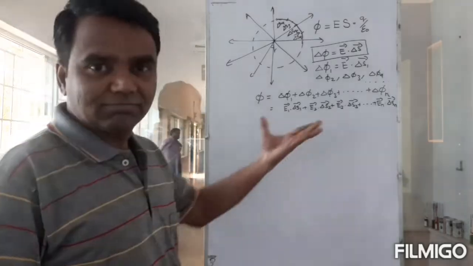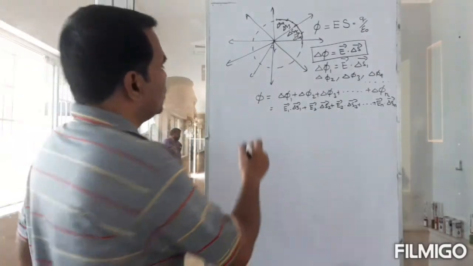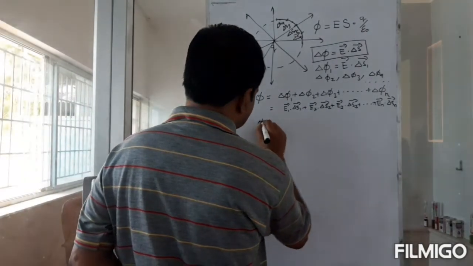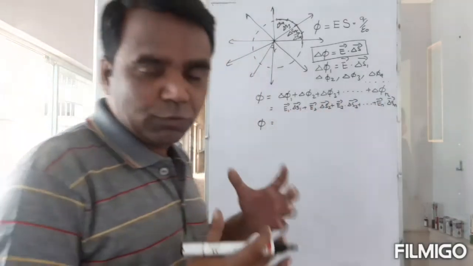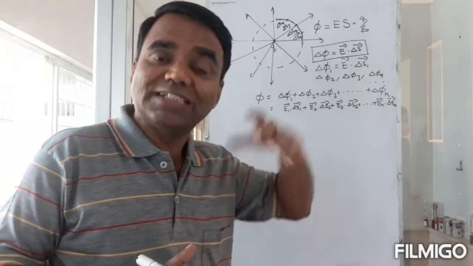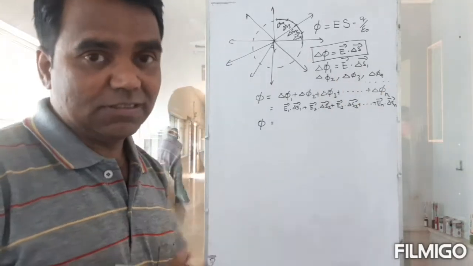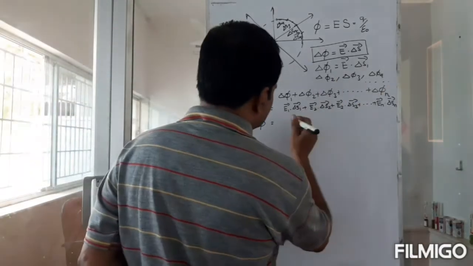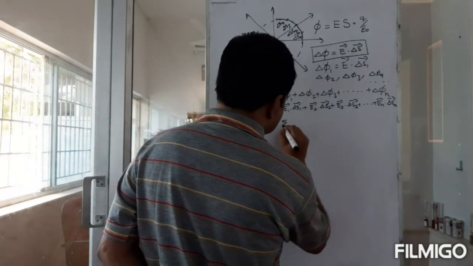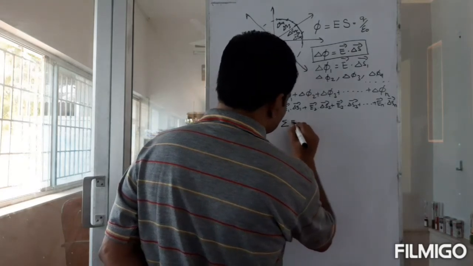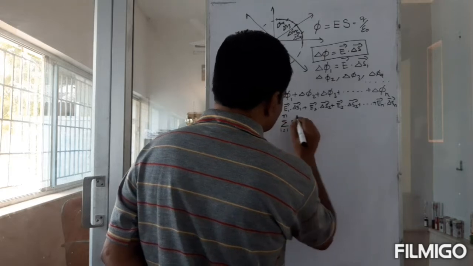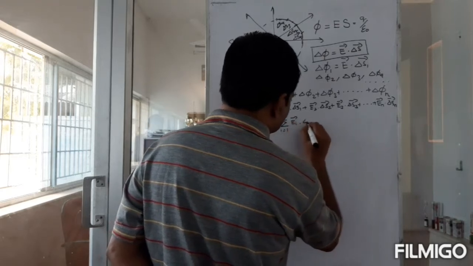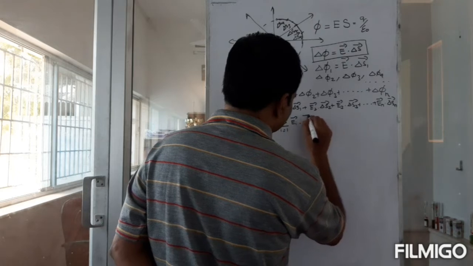Okay, makes sense. So now what is my phi? We're going to use a symbol that we discussed in class, the sigma symbol. So I'm going to write this as sigma, i going from 1 to n, Ei dot delta Si.